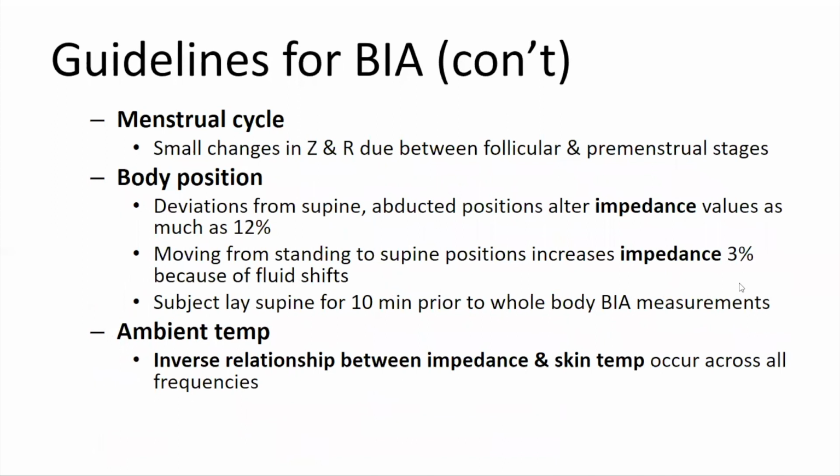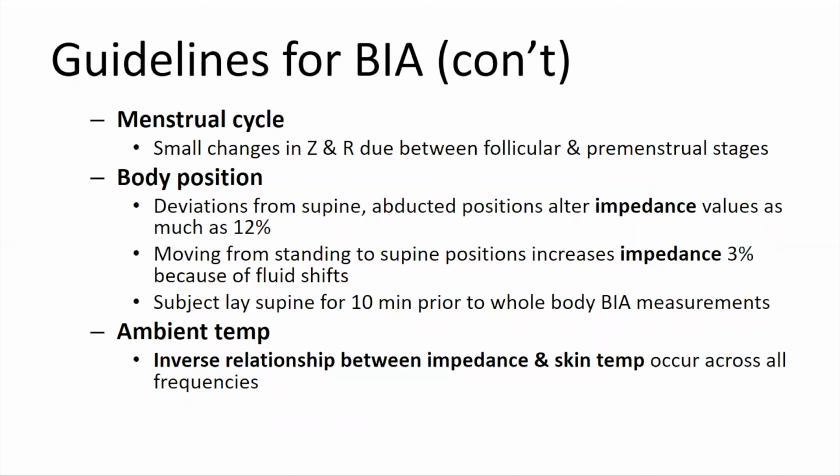Body position will also be affected. So the bottom line is you want to take the measurement under the same conditions pre and post exercise. So for the traditional BIA, when the subject is supine, you want them to lay supine for about 10 minutes prior to the test to allow those fluid shifts to normalize.